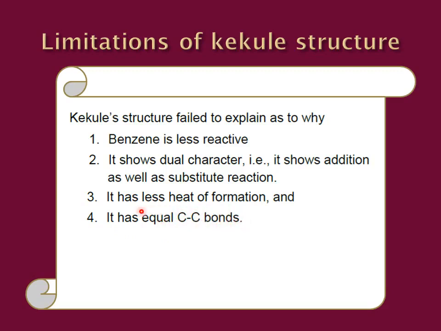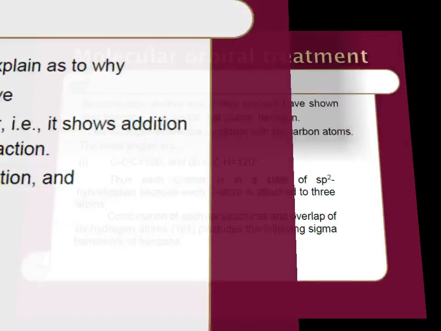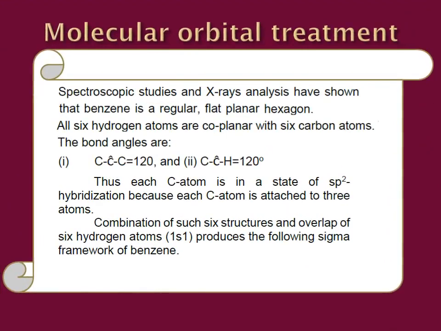Now students, let us try to understand the structure of benzene on the basis of molecular orbital treatment. Spectroscopic studies and also X-ray analysis have shown that benzene is a regular, flat, hexagonal, planar structure. All the 6 hydrogen atoms are coplanar with the 6 carbon atoms.